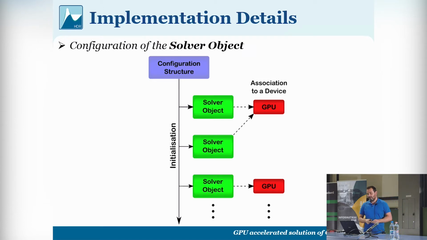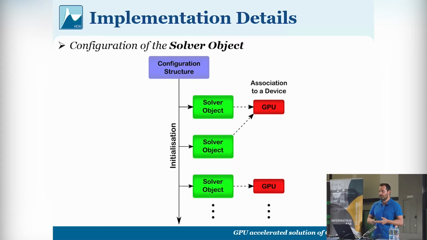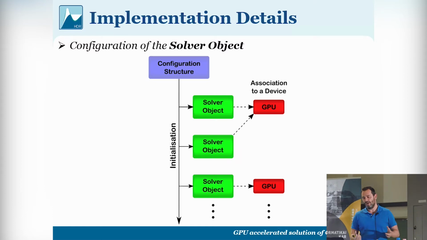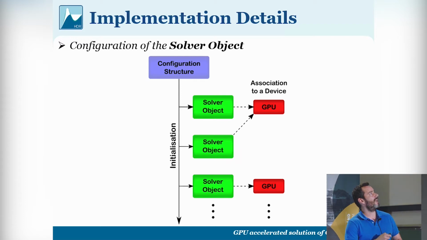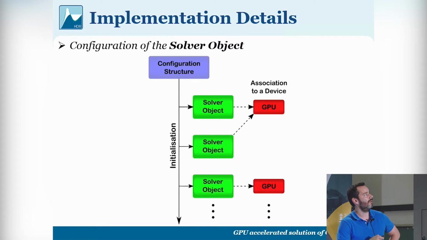The first task is to collect some basic information about the system. For instance, how many threads we would like to use, how many control parameters we have, how many shared parameters we have, and so on. We have to collect them in a built-in configuration structure, and with this structure we can initialize so-called solver objects, as many as we want.